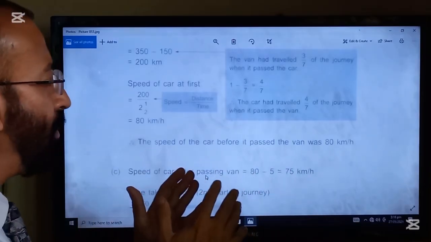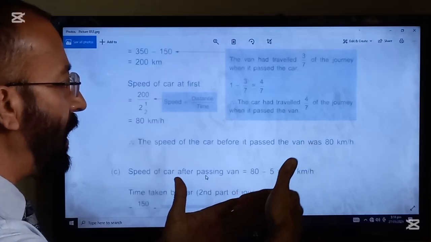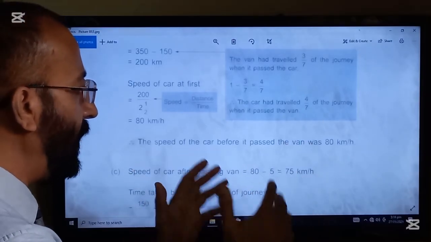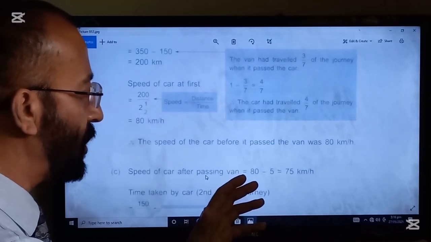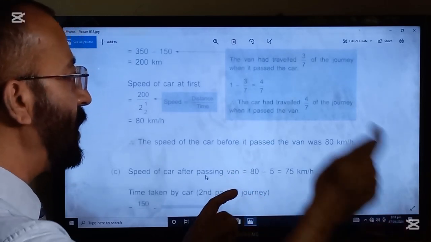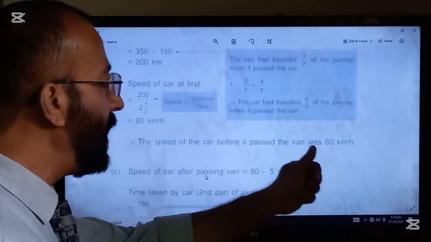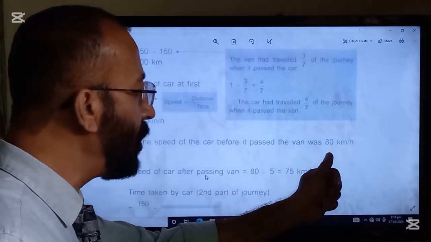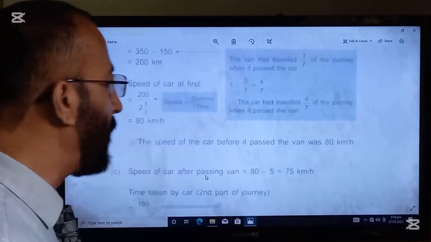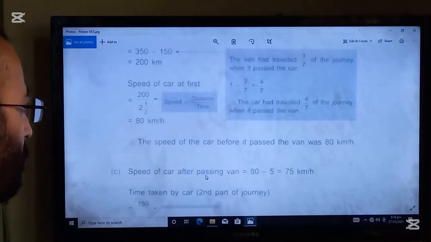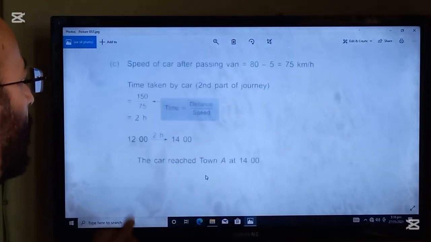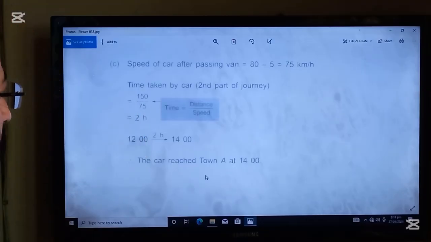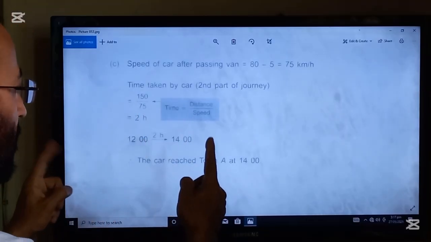Okay, in this statement it was given that after meeting the van, the car's speed will be reduced by 5 km per hour to complete the journey. So it means for the rest of the journey, the speed of the car will be 75 km per hour, with which it has to cover a distance of 150 km, because the remaining distance will be 150 km.